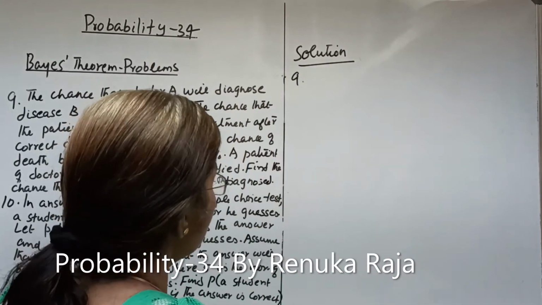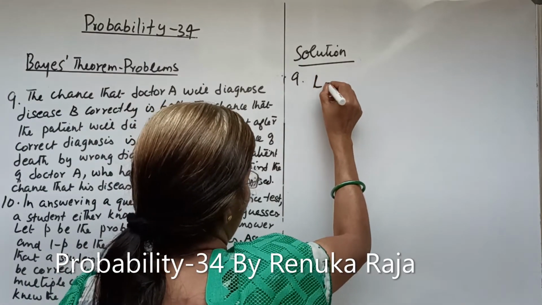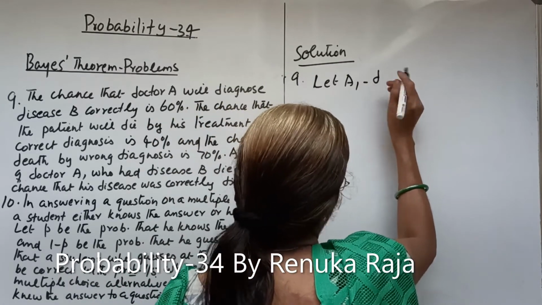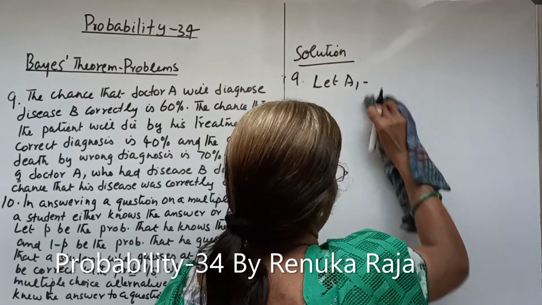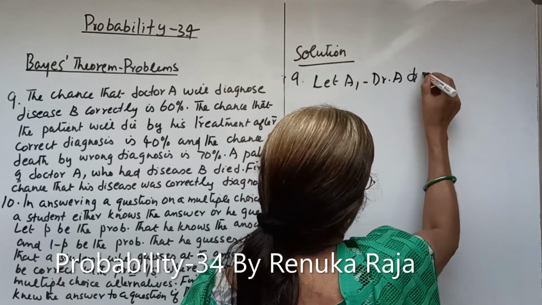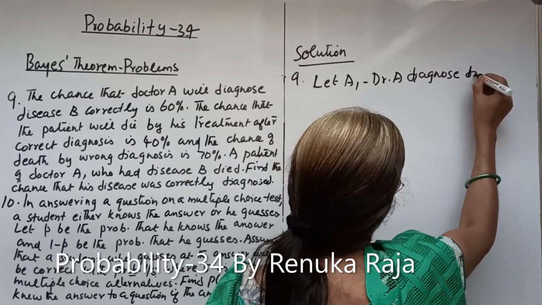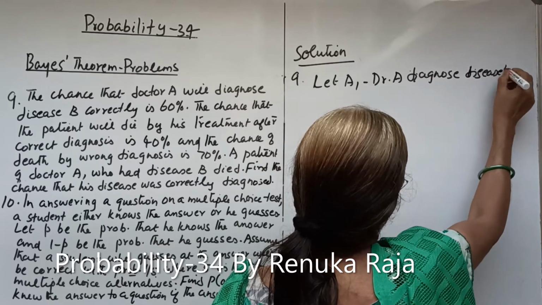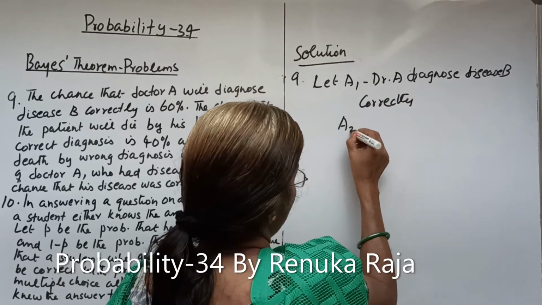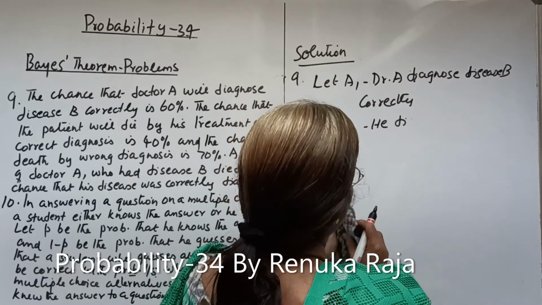So firstly, let us define the events. There are two alternatives: A1, Dr. A diagnosed disease B correctly, and A2, the diagnosis was wrong.